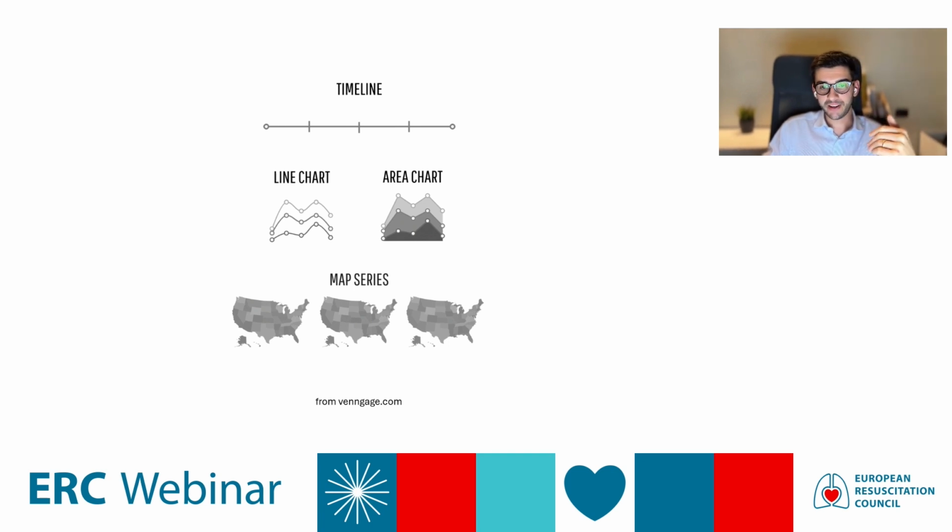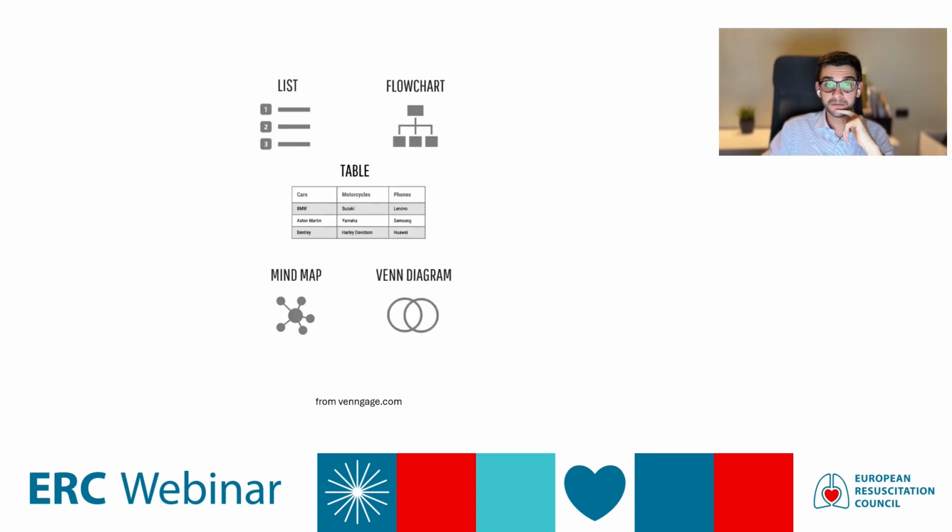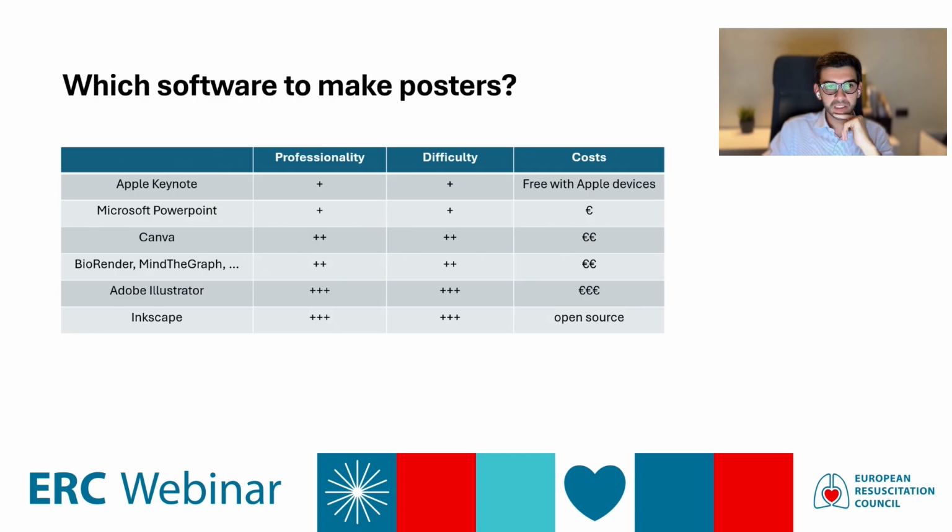There is a much higher likelihood that someone stops to see a poster that has a lot of graphics and nice design, compared to a poster with just text and no figures, no images. And these are, of course, other options.